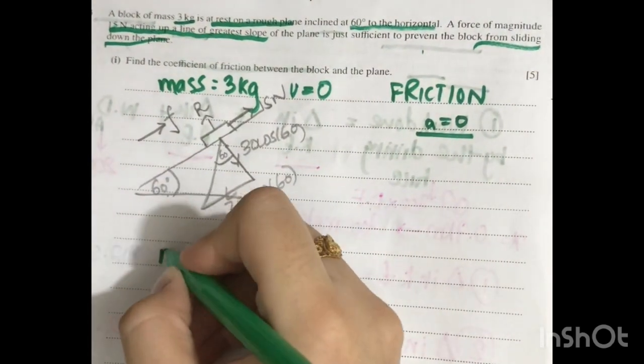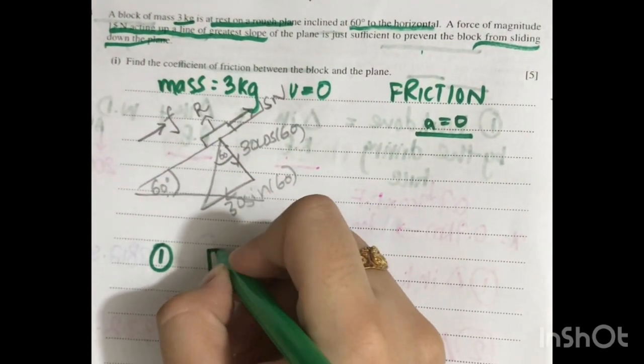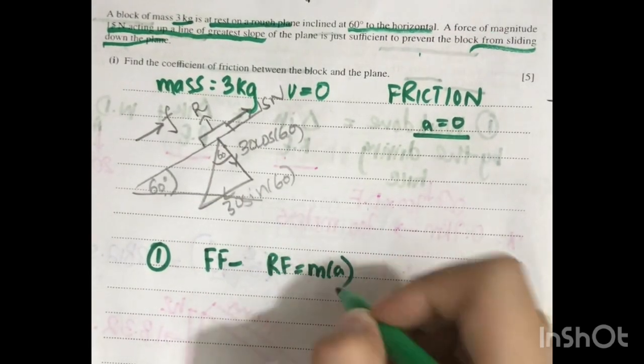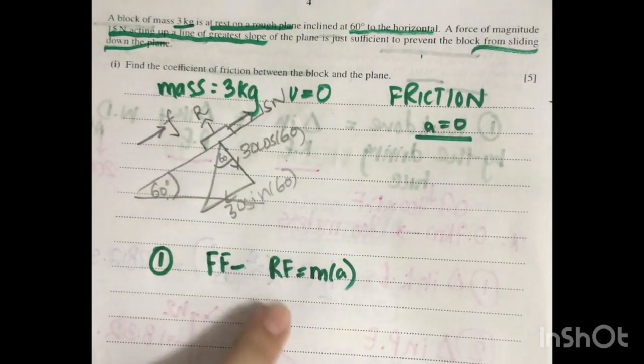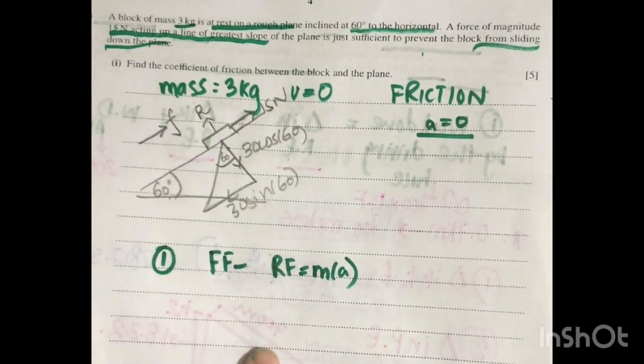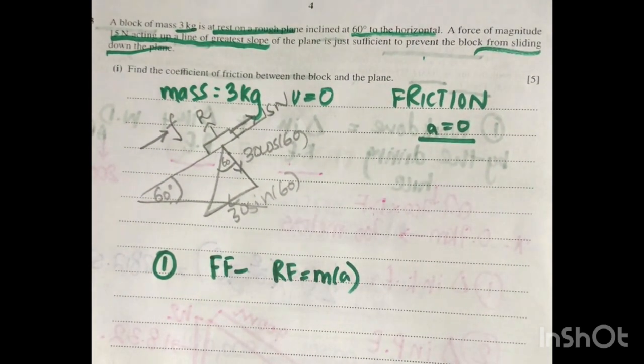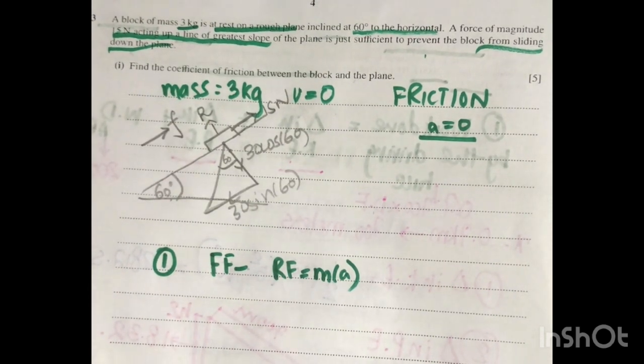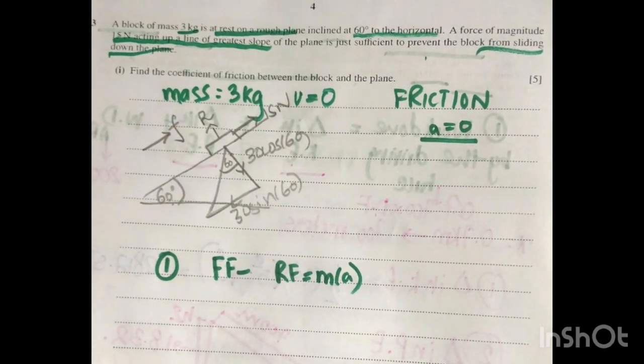So first we're going to use the force formula, which is forward force minus resistive force is equal to ma. From this we can find the value of friction, and then we can use that value of friction and the value of the normal reaction to find the coefficient of friction.